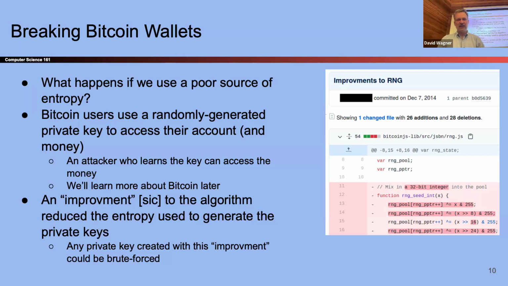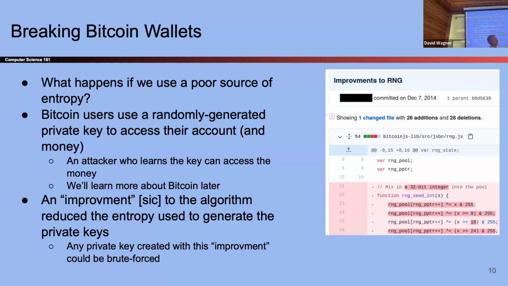And unfortunately, the secret key they used was generated from a 32-bit value. There's only 2 to the 32 possibilities for a 32-bit value, which is like 4 trillion? Billion. Thank you. 4 billion possibilities.